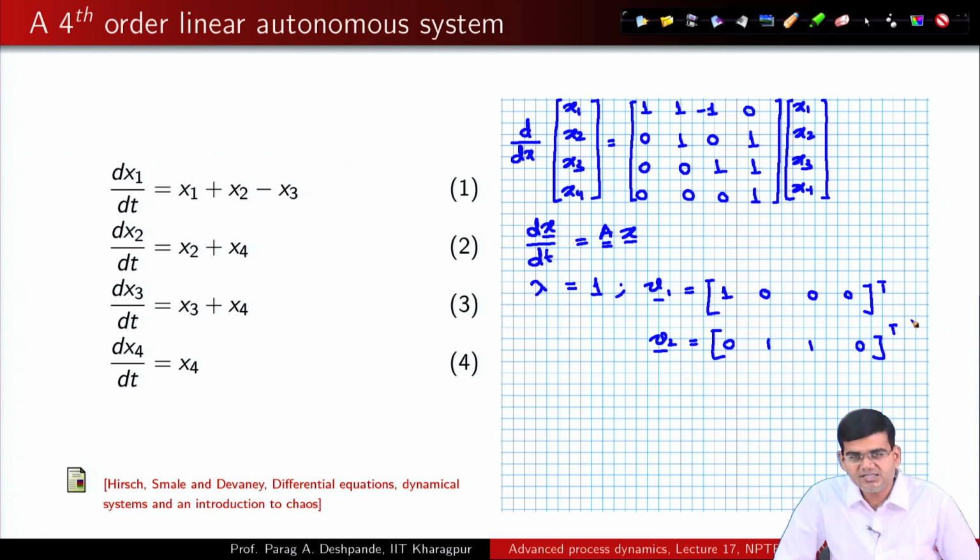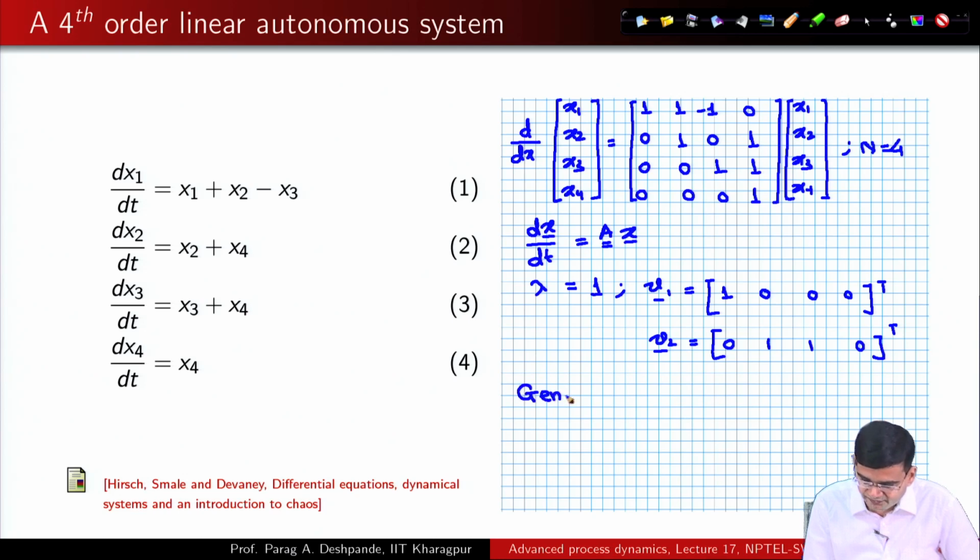In the current case, that is not the case, and therefore, since n is equal to 4 in this particular case, you need to determine the rest of the eigenvectors. So, therefore, you will need 2 generalized eigenvectors.